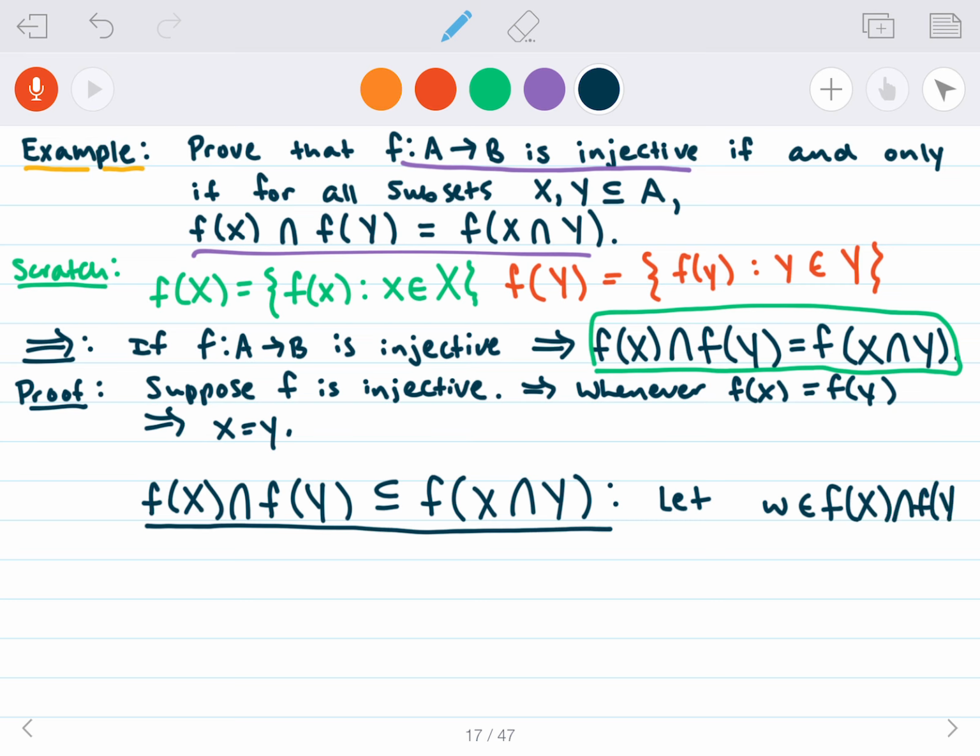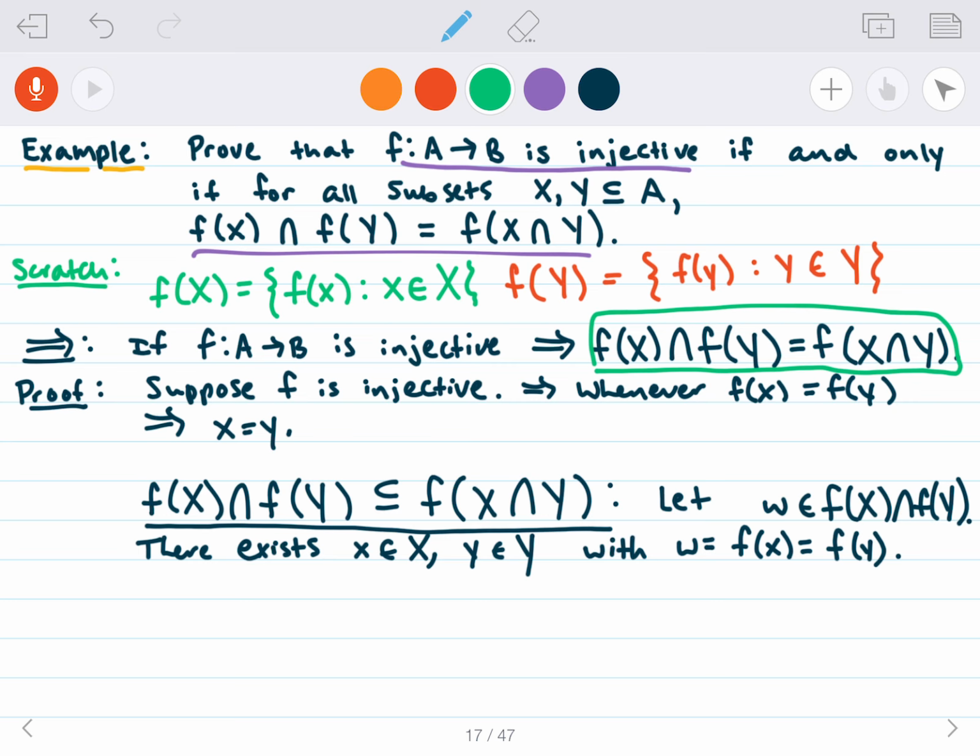That means that there exists x in capital X and y in capital Y with w equals f of x equals f of y. That's just what w being in this set means: it's in both f capital X, so there's some little x for which f of x equals w, and there's some little y for which f of y equals w. Well, what do we have now?